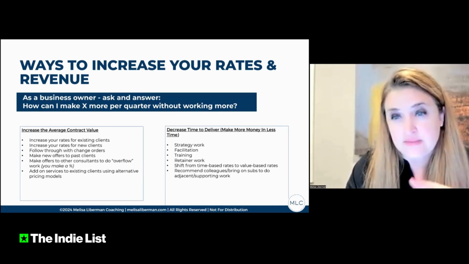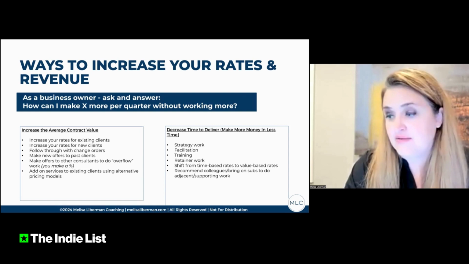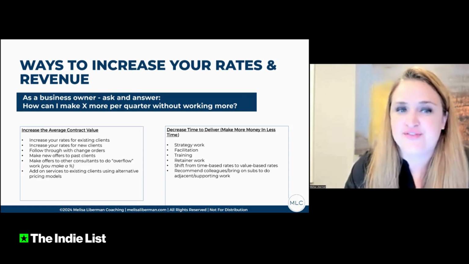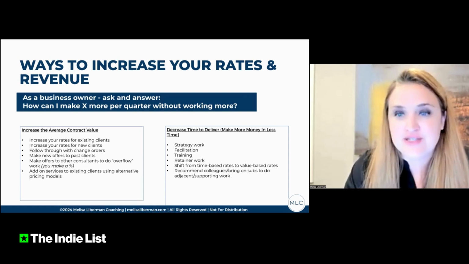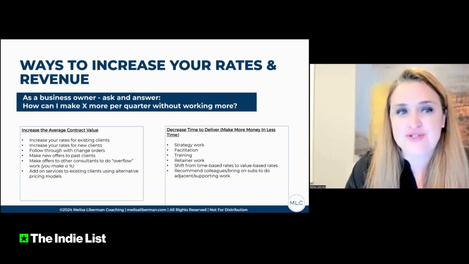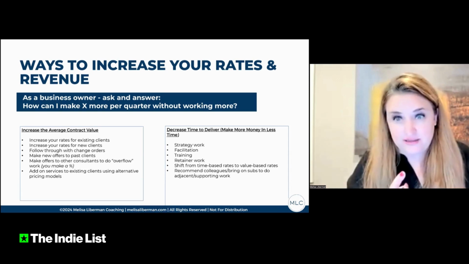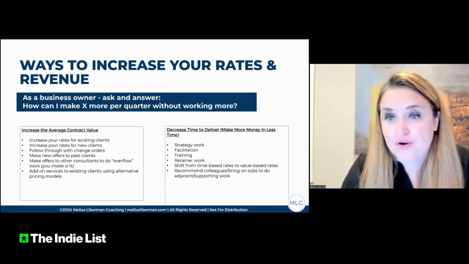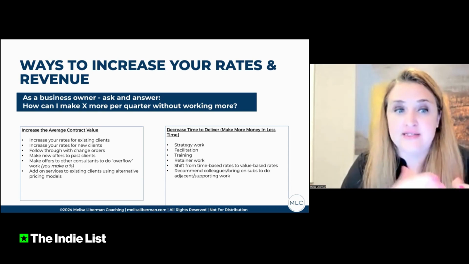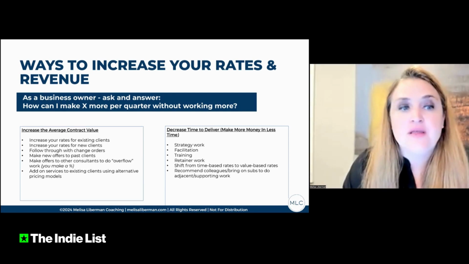I've had coaching clients in the past who are freelancers who hadn't raised their rates for clients for several years. And so they're not keeping up with the market. They're continuously providing value to those clients, but the value of the inventory they have for the work they provide is decreasing over time.